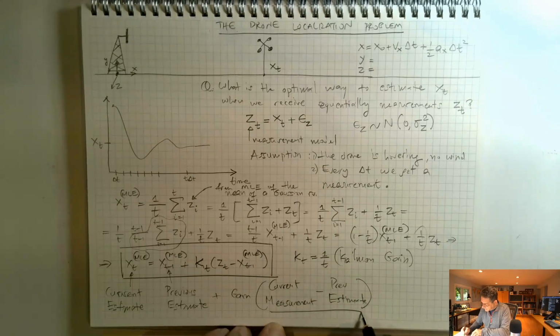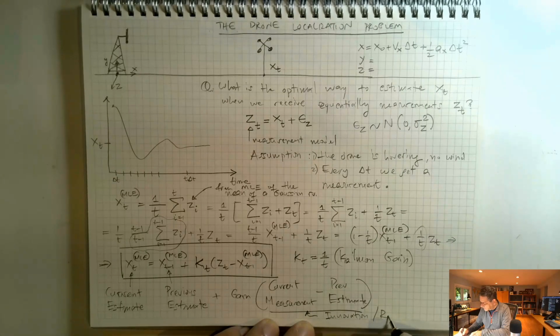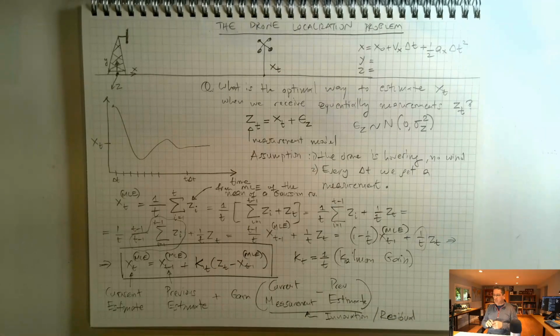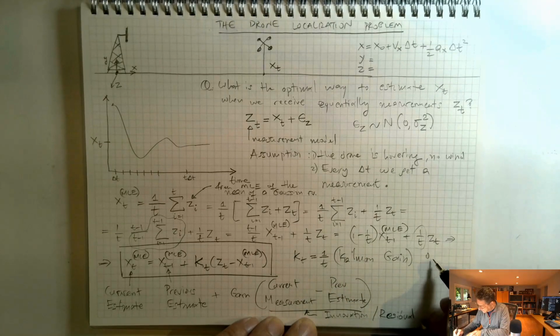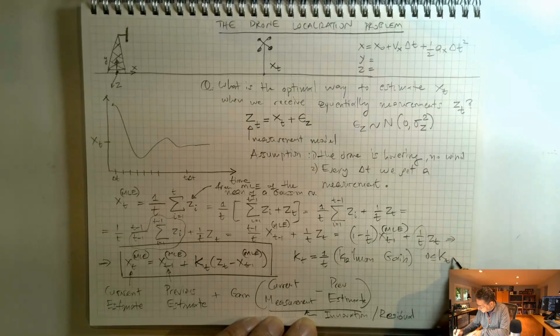This is sometimes called in the literature the innovation, which indicates the new thing that we have learned from the measurement that came in, or the residual. And this formula will be instructive. Mind you that this KT is going to be a factor between 0 and 1.